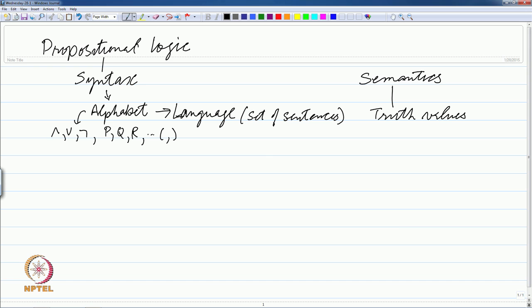And we saw that there are three kinds of formulas or three kinds of sentences in any language. One is tautologies, these are sentences which are always true, and when we say always true, we basically mean they are true for any valuation of the atomic propositions.